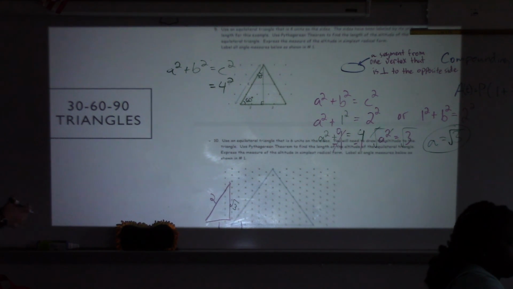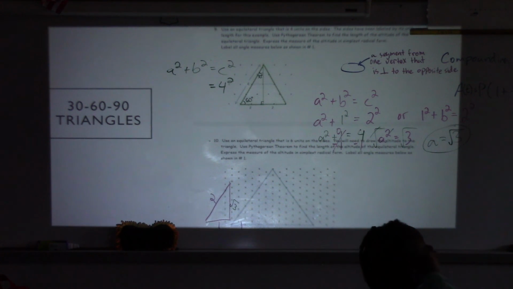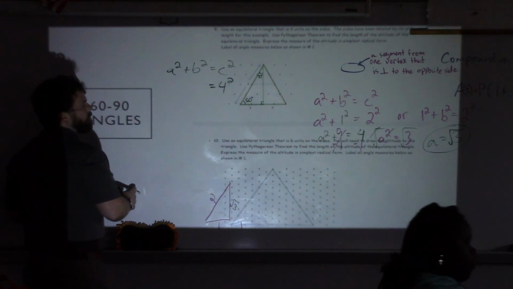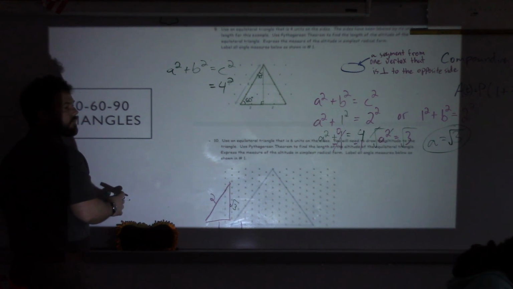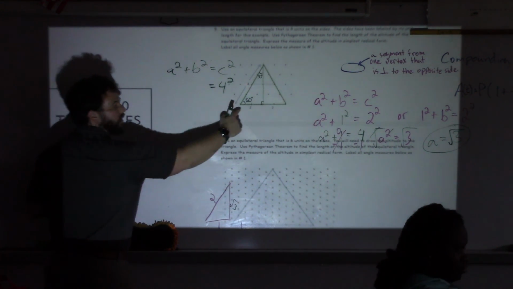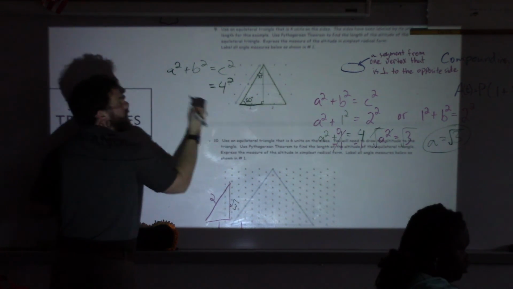Where are you getting a 3 from? Look at the triangle. The only other side length is what? We're on number 9. Not number 10. 2 is going to get substituted in for what? Does it matter which one? No. I would plug it in for B because it's a part of the what? Base, right? That's just me.